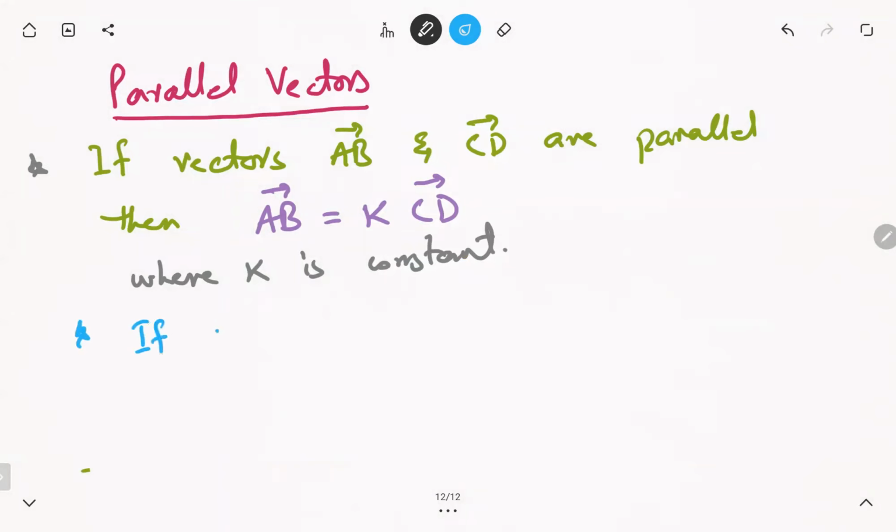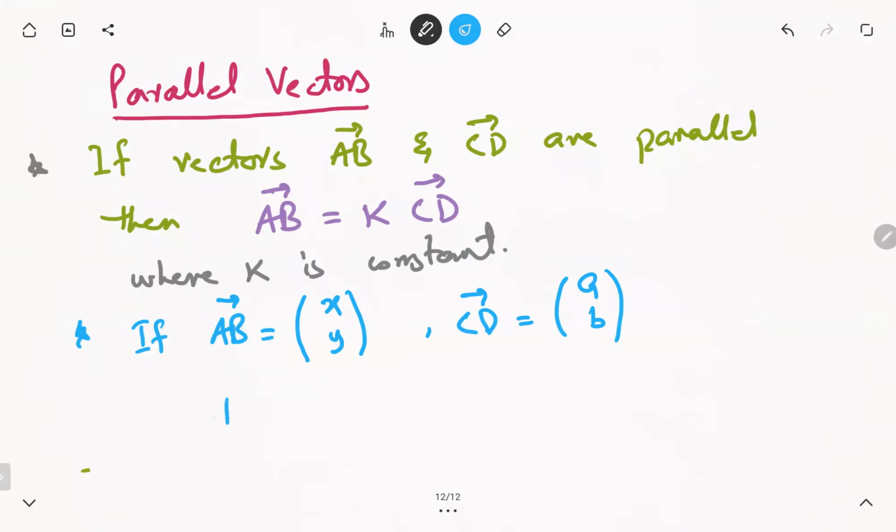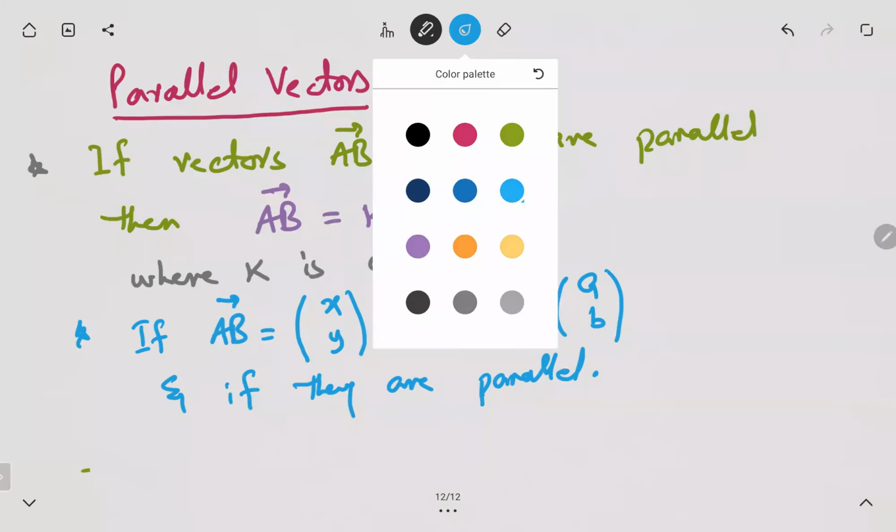if AB is equal to the vector say xy and CD is equal to AB, and if they are parallel. अगर वो parallel हुए तो उनमें x component की ratios और y component की ratios equal होंगी.